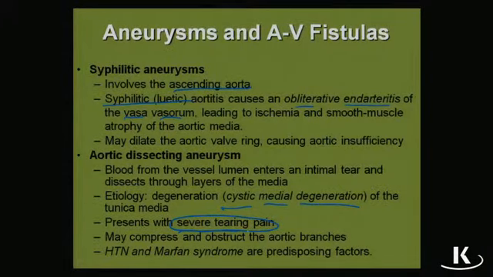The other patient who gets this is a patient with what? Marfan syndrome, because Marfan's is a connective tissue disorder, and it causes the intima and the wall of the aorta to be weak, allowing the tear and the blood to seep into the media. So very important, your 60 to 70-year-old male with hypertension and your patient with Marfan syndrome are very important as far as getting your dissecting aneurysm.